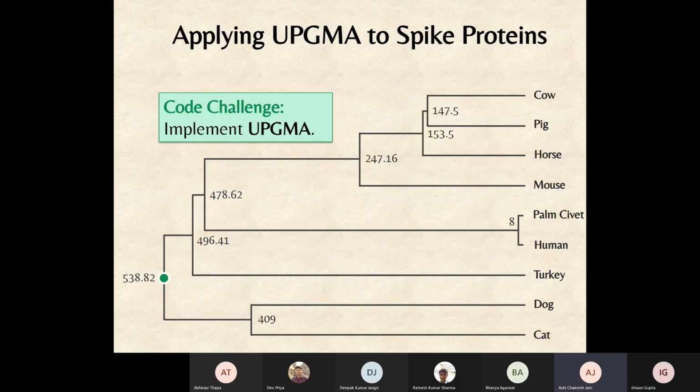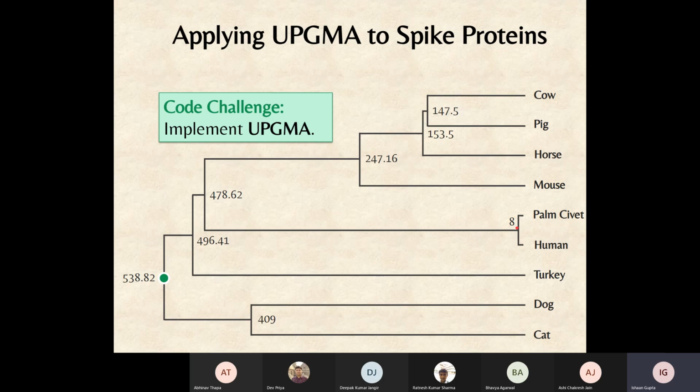Now if you actually use this to implement it on the original matrix that was given to you, this is how it looks. Instead of edge weights, the limb lengths, you now have the ages of the internal nodes.